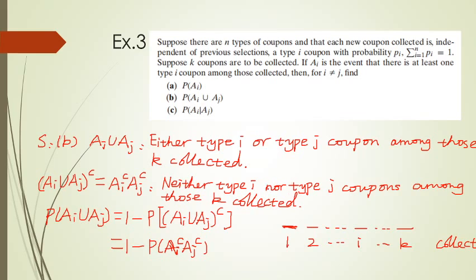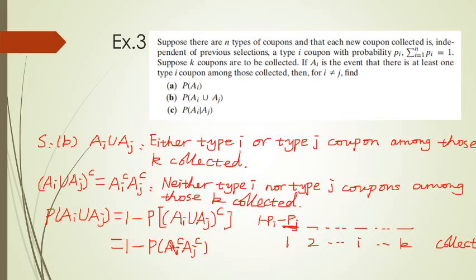So we should remove the probability for type I and type J and then the others, right? You can understand it this way: 1 minus Pi minus Pj. Make sense? So which means the probability we are going to choose the other n-2 types without choosing type I and type J coupons.